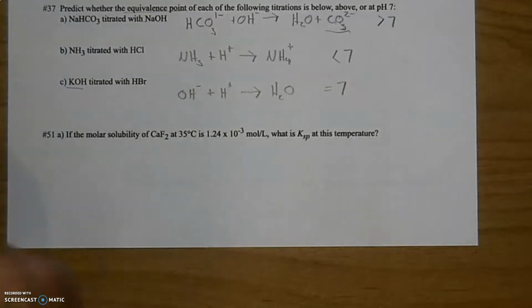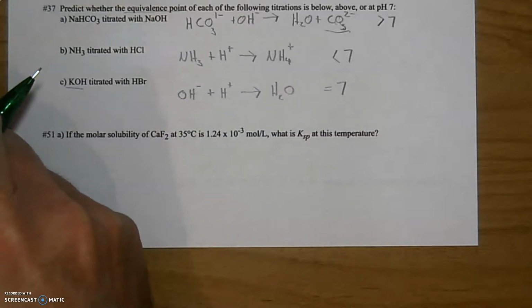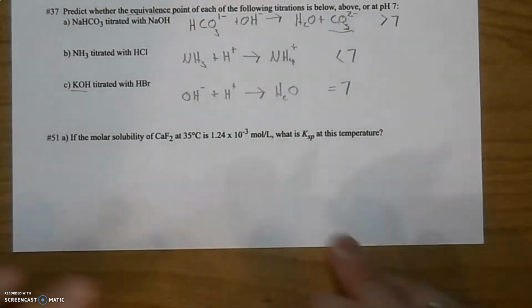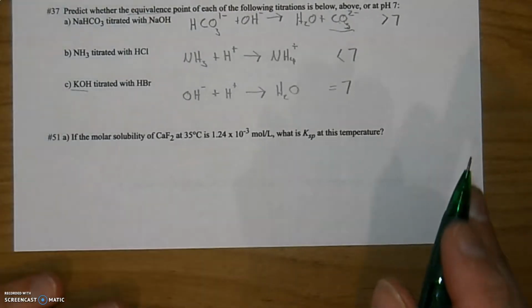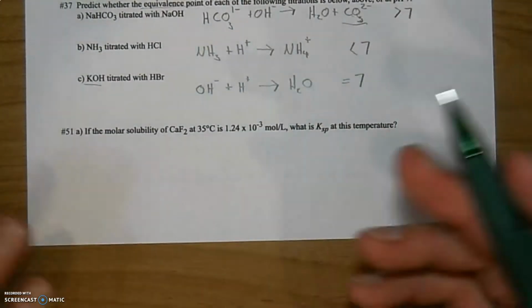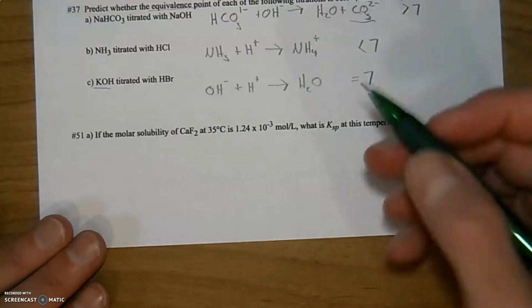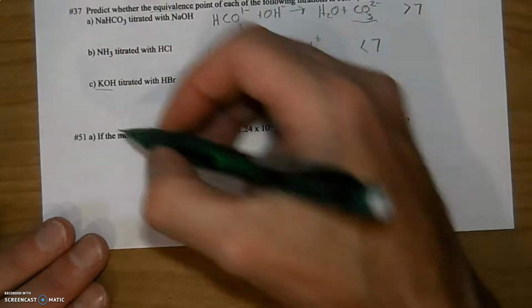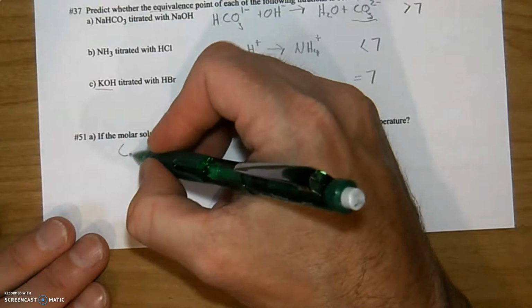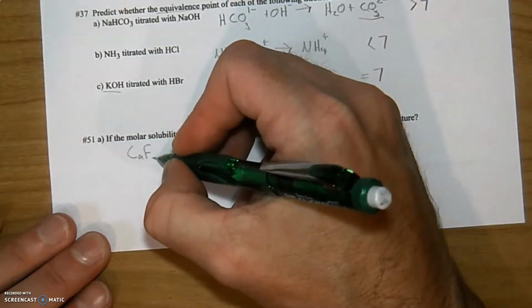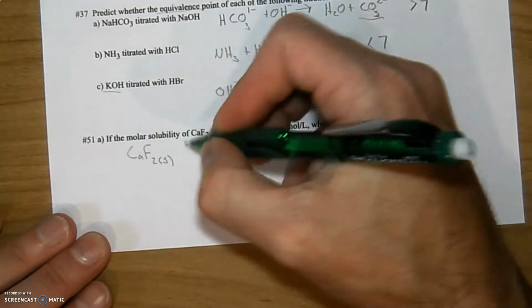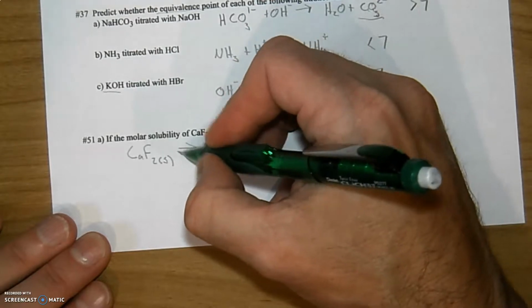Number 51 says, if the molar solubility of calcium fluoride at 35 degrees is that value, what is the Ksp at this temperature? So this one's asking us to go kind of in reverse from what we just did. So we're trying to figure out what the Ksp is, knowing the solubility of calcium fluoride.